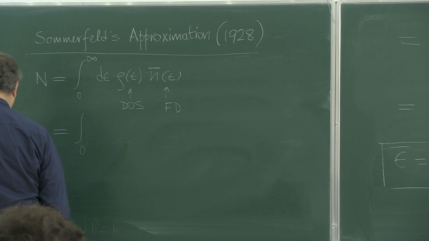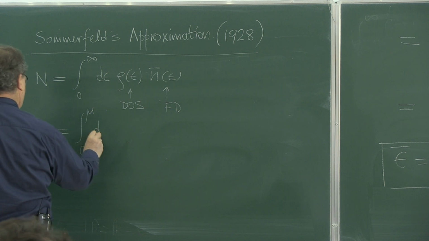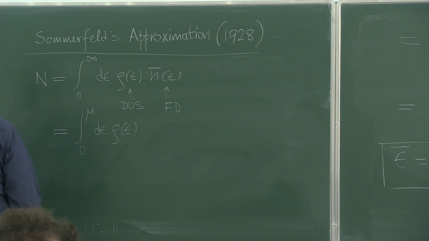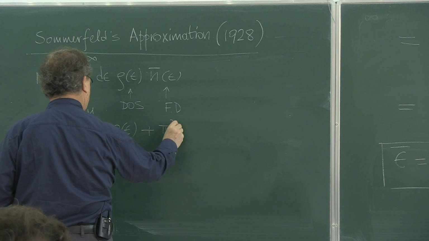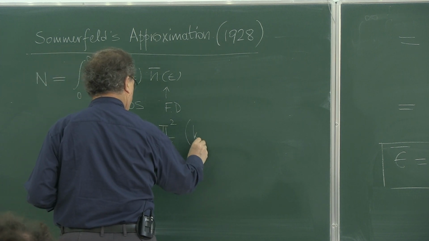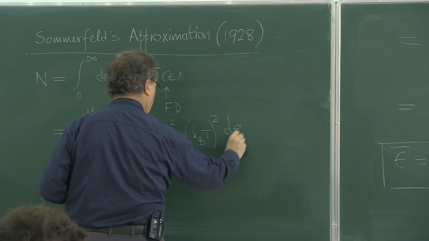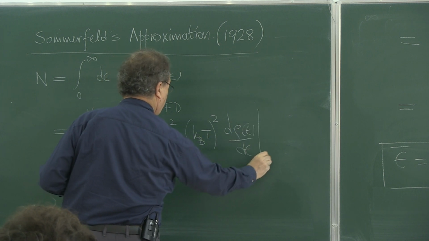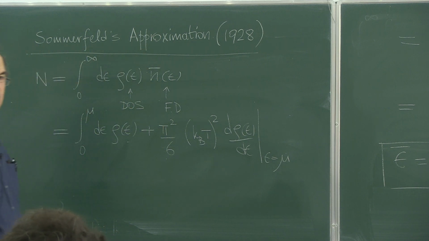From 0 to mu, dE rho(E), plus the first correction was this term, isn't it?